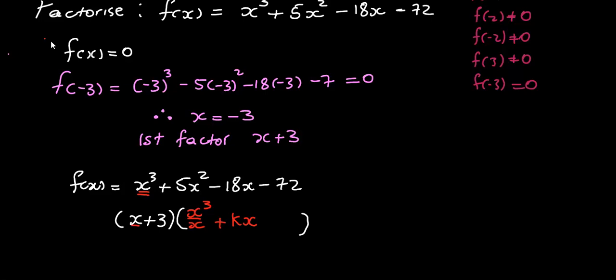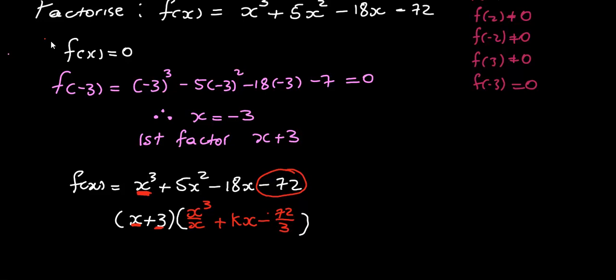Then we're going to take the last term, and please make sure you take it with the sign. So this will be negative 72, which we need to divide by the 3. So this will be 72 divided by 3. So you take the x, you divide the first term, you take the 3, you divide the last term with the sign.